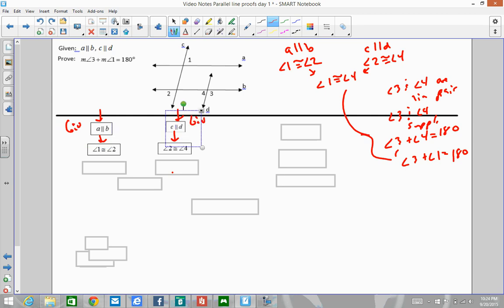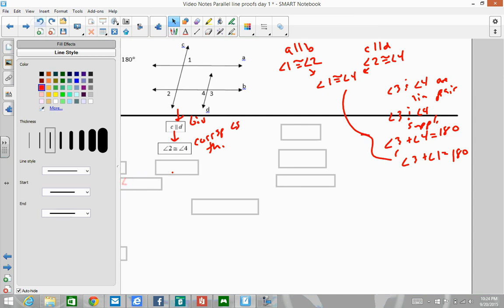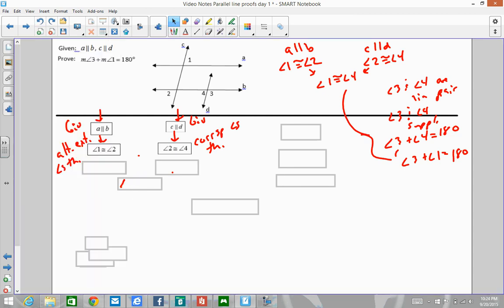And 1 and 2 are congruent because of the alternate exterior angles theorem. 2 and 4 are congruent because of the corresponding angles theorem. Now, remember that I could bring these together by transitive, so I guess I could have just gone straight to angle 1 is congruent to angle 4.